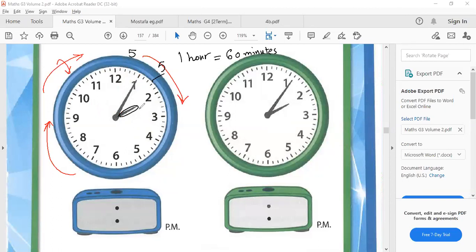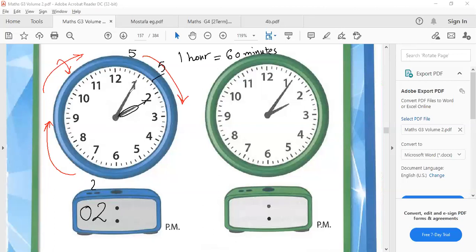This hour's hand is pointing to number 2. So the clock will be 2 o'clock, and we can write it down as 02 or 2 directly, as you like. 02 is 2, no problem.